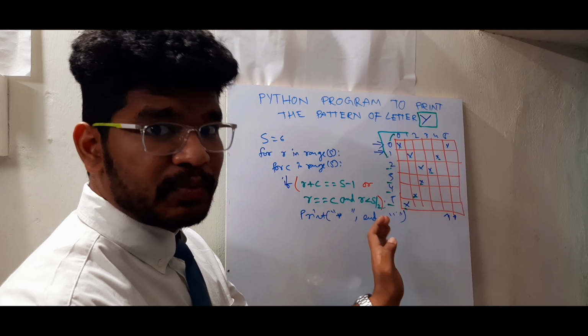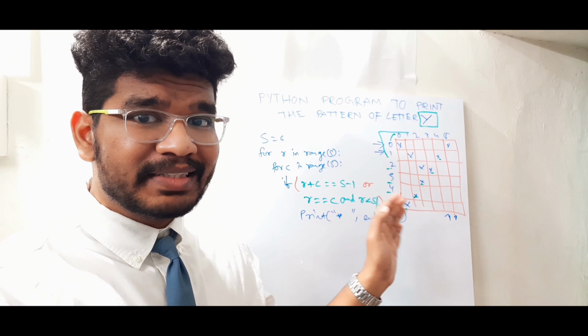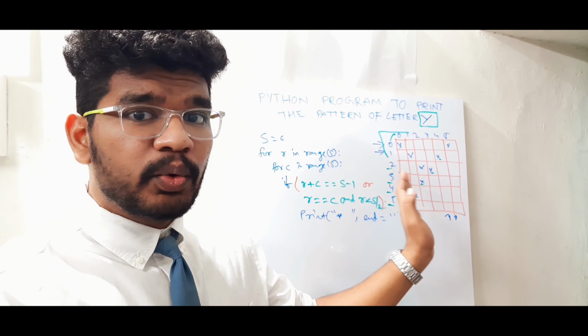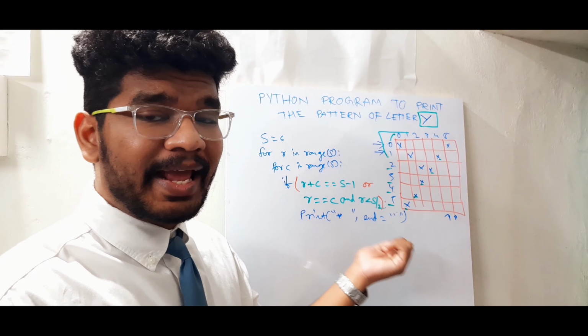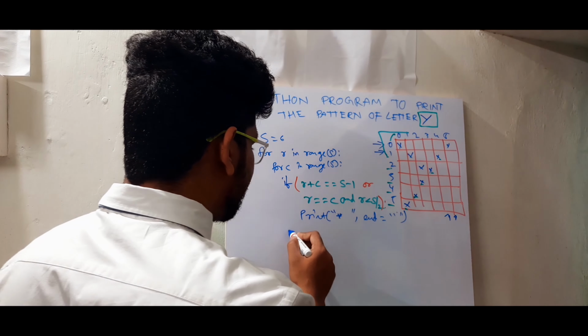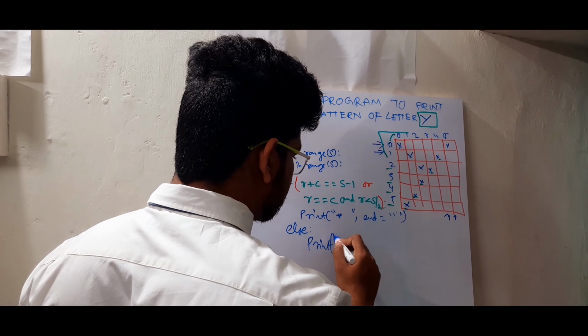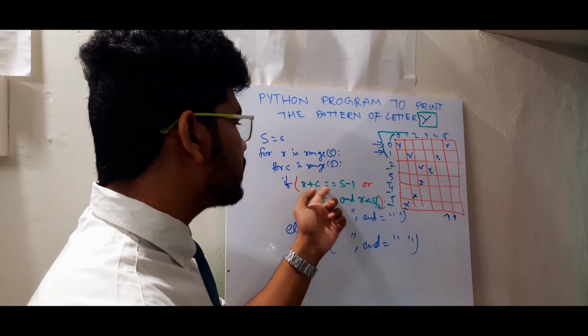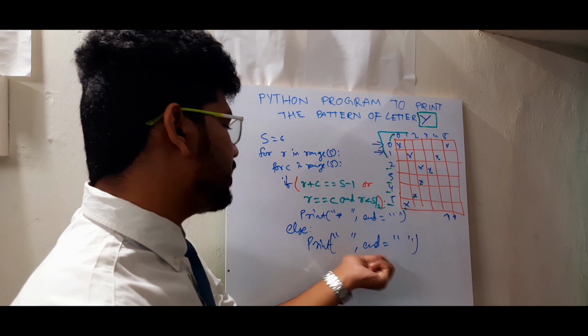So if I don't specify anything, it will print star and go to the new line, which we don't want. We have to print star and stay in the same line until one iteration is completed. So I have given end as empty here. In the else condition, I'll just print spaces. So in these two conditions I'm printing stars, and in all other cases I'll print spaces.